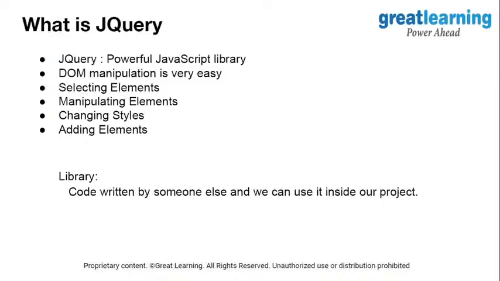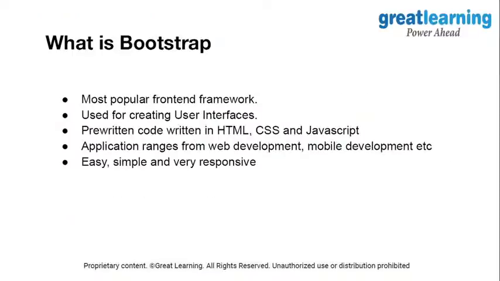You can say that JavaScript is also there to make your website responsive and interactive, right? But if you want to know who is exactly responsible for the responsiveness of your website, it is Bootstrap.